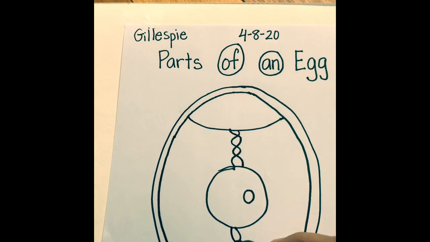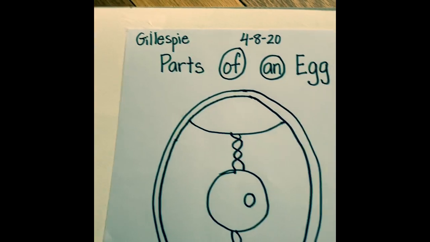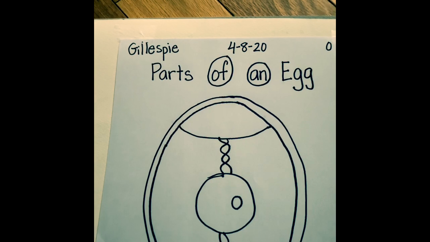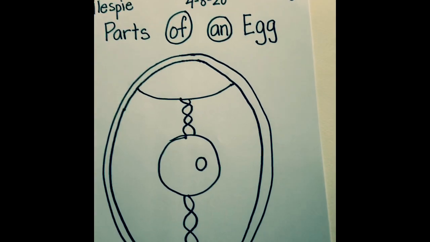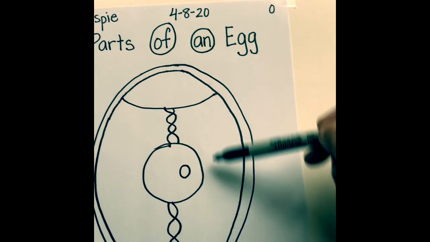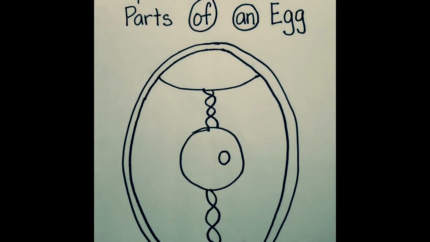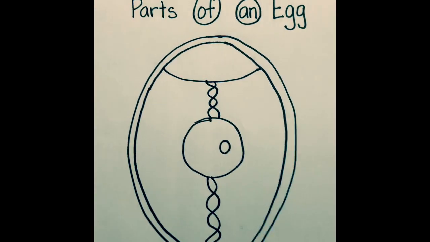And here, wavy, wavy, wavy, and connect. All right. And there we have all the parts of our egg. This inside part here is where the egg white is, or the albumin. So we'll be sure to label that.